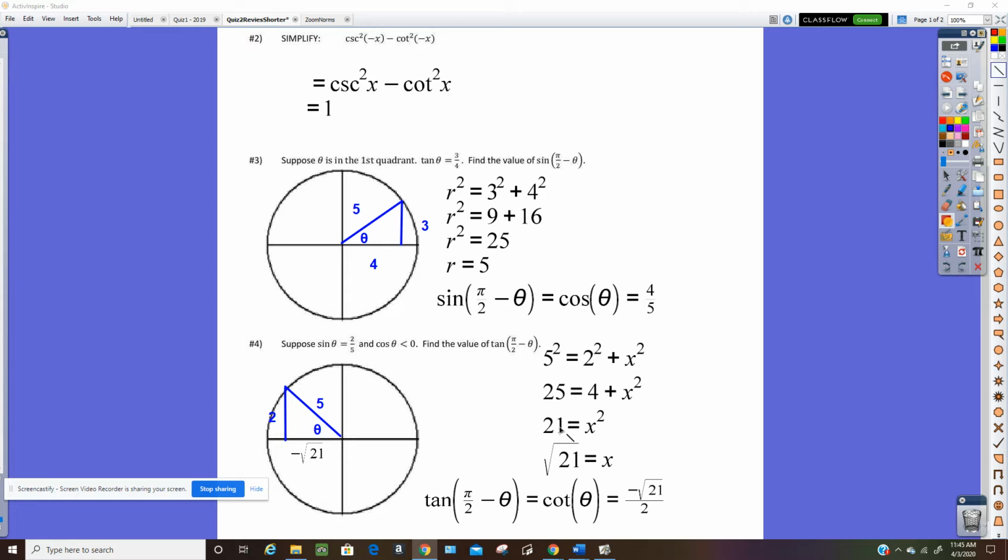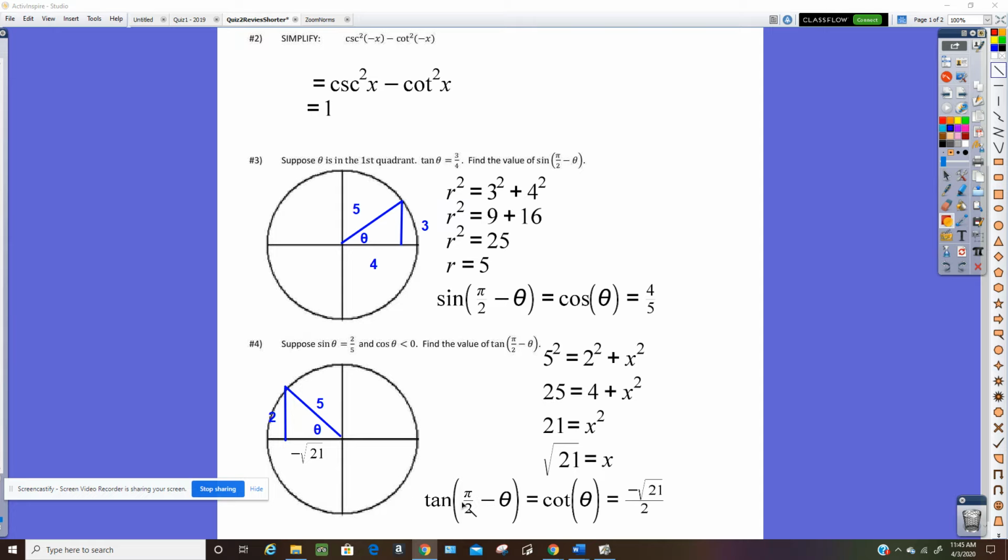So x squared is equal to 21, and then take the square root. And so x is going to be positive or negative square root of 21. And since we're in the second quadrant, the x values are negative, to the left of the origin. So now I have all the sides of my triangle.